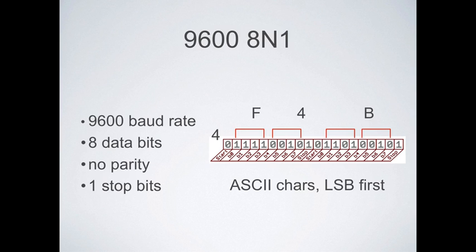It evaluates to F. The second one with least significant bit first evaluates to 4. The last one, my slides are a little off here, but the first one, 1101, evaluates to a B, and then the 0101 evaluates to a 4 in least significant bit first.